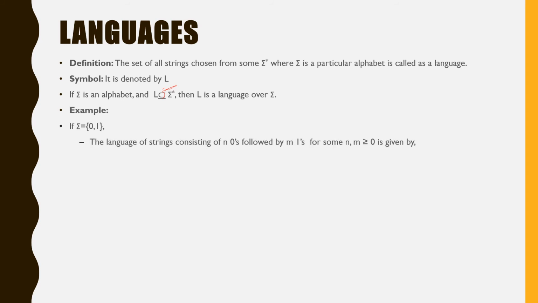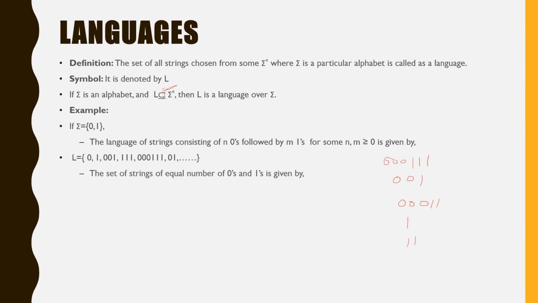Examples: sigma is equal to {0, 1}. So the alphabet is a binary alphabet, and the language consists of n zeros followed by m ones for some n, m greater than or equal to 0, which means any number of zeros followed by any number of ones. I can have 2 zeros followed by a single one, 3 zeros followed by 2 ones, and I can also have 0 zeros followed by a single one, or 0 zeros followed by double one, and so on.